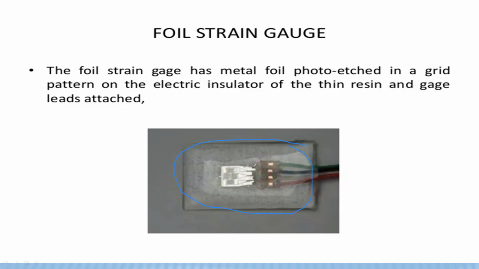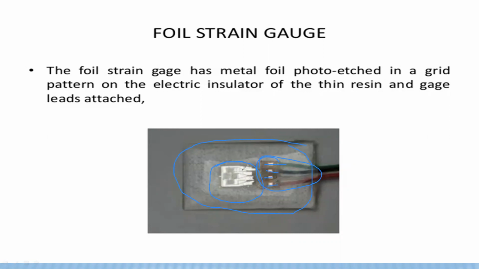The grid pattern is placed on this metal foil, on the electric insulator, of thin resin, and the gauge leads are attached.